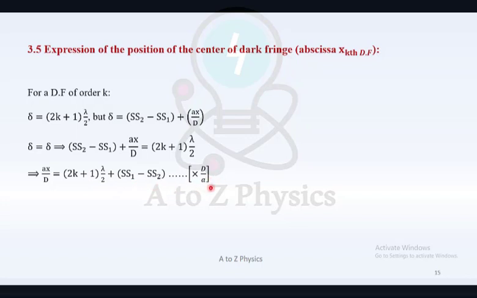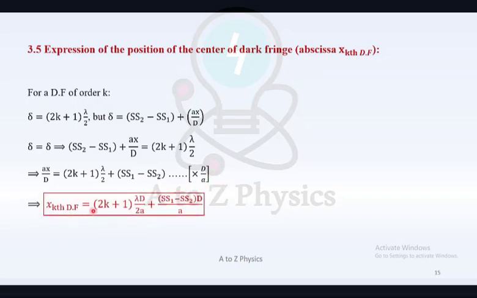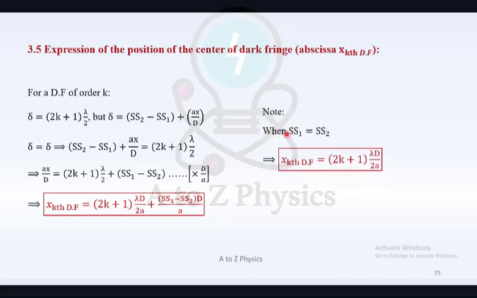Multiplying this expression by D over a, we get X of the kth dark fringe equal to (2k plus 1) lambda D over 2a plus (SS1 minus SS2) times D over a. Note, when SS1 equals SS2, the expression of the position of the center of the kth dark fringe becomes (2k plus 1) times lambda D over 2a.